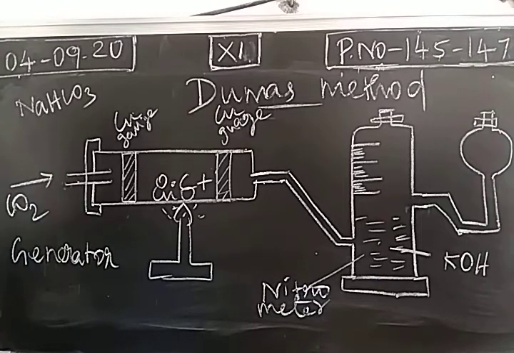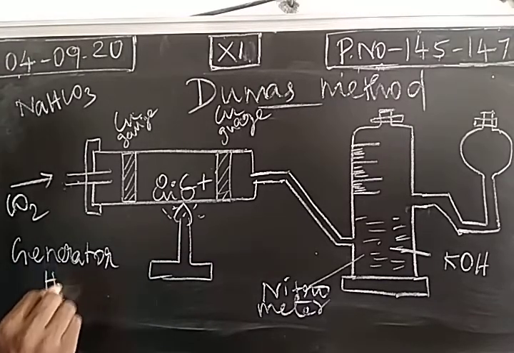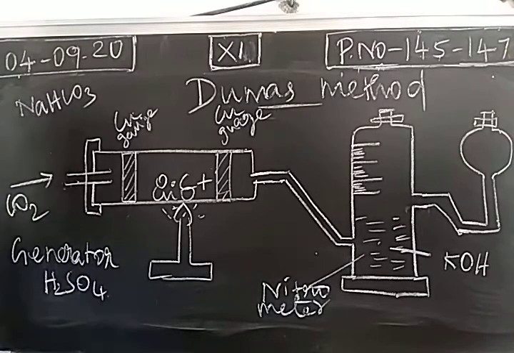The produced carbon dioxide should be 100% pure carbon dioxide. There should not be any moisture. During this heating of sodium bicarbonate or magnesite, carbon dioxide will be produced. If any moisture is present, it should be removed, so we pass this carbon dioxide gas through sulfuric acid. We know that sulfuric acid is a very good dehydrating agent.